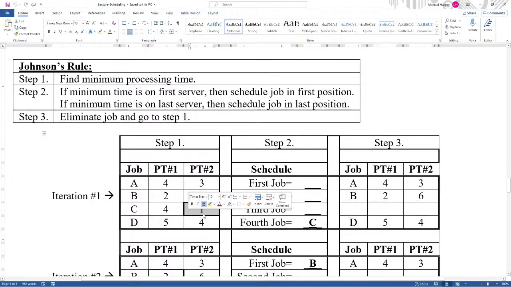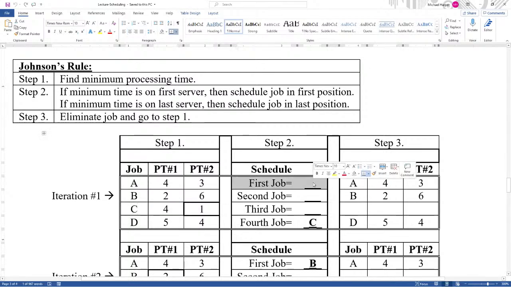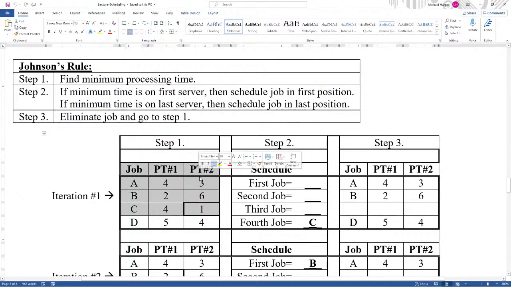Now, if this minimum time had been on the first server, which it's not, I would have scheduled C in the first available position. But the minimum time is on the second server, the last server of the 2, so I'm scheduling C in the last available position. That's step 2.